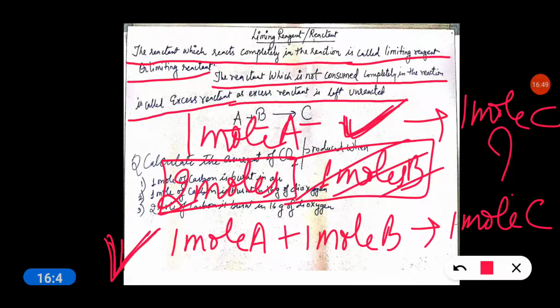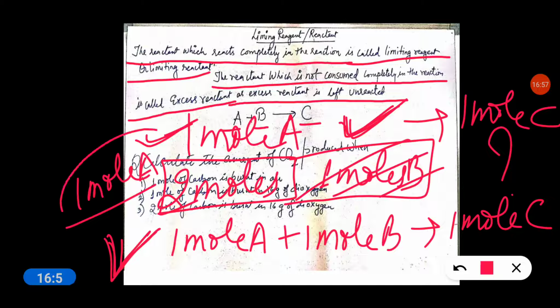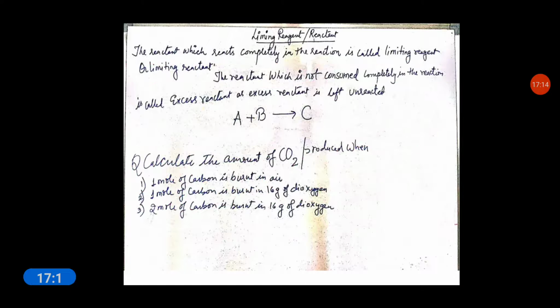But after using 1 mole of A, you are left with 1 mole of A also. So 1 mole of A is left unreacted, that is the excess. And the reactant B, which is not left, which reacted completely in the reaction, is known as the limiting reagent.